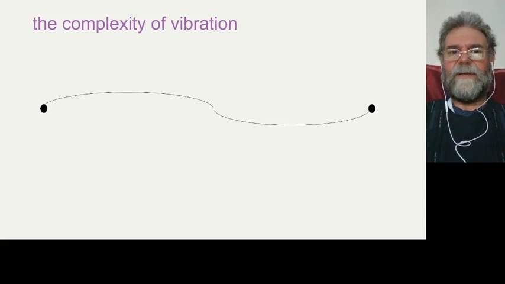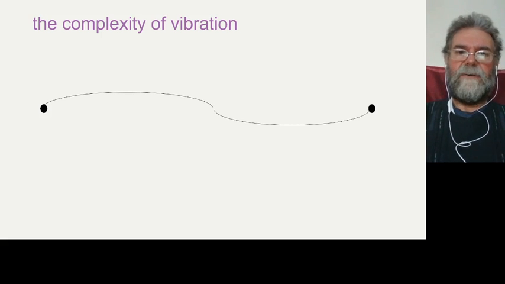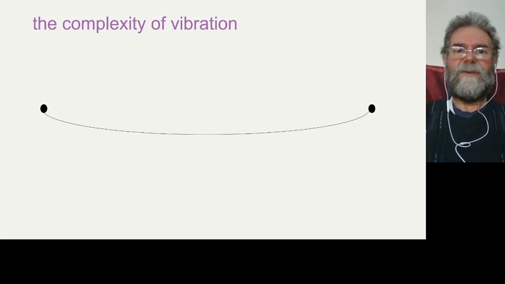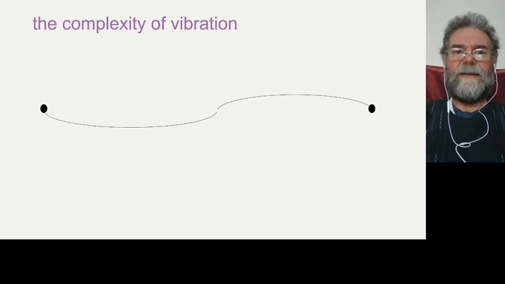Now, that's going to cause another sound, different from the one where the whole string is vibrating. Essentially, these vibrations, because they are shorter pieces of string that are vibrating, are going to be faster. And the faster the vibration you get, the higher the note, the higher the frequency. So you'll be getting this frequency alongside this frequency. Okay?